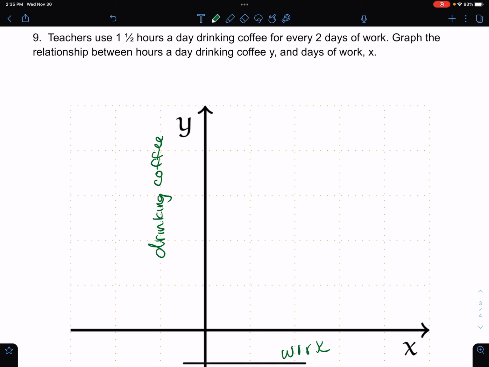Okay, now, since these are points, I'm going to label them. This is 1, 2, 3, 4. But they have that half in there. So I kind of need to do a half somewhere, right? So I'm going to label this 1/2.